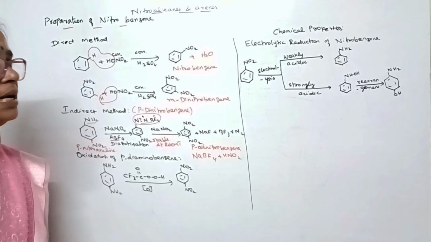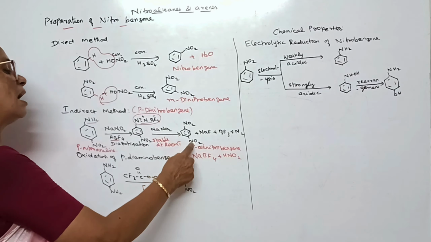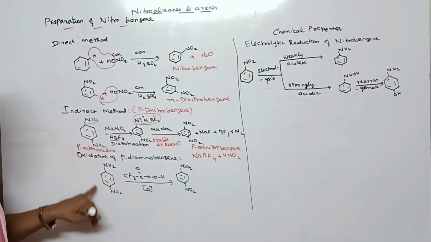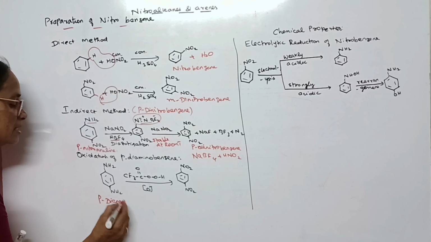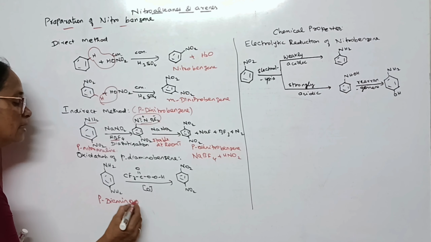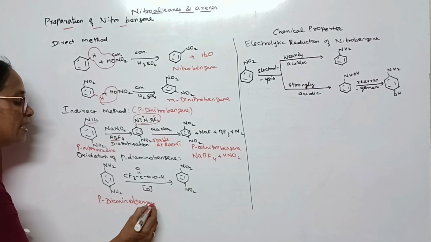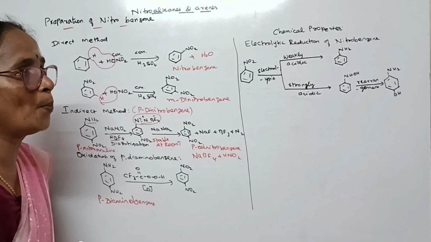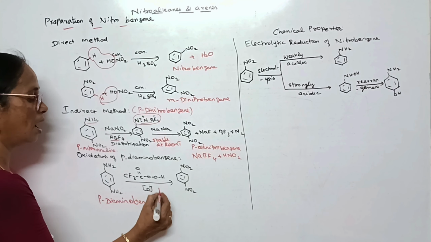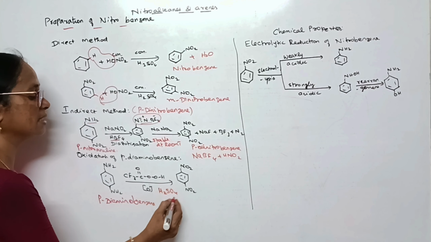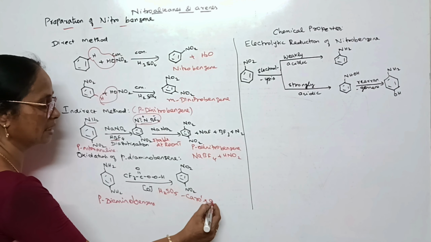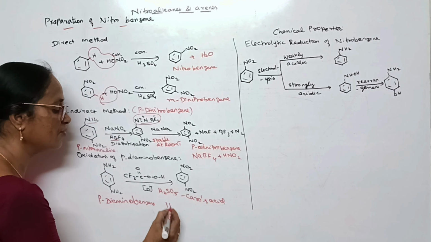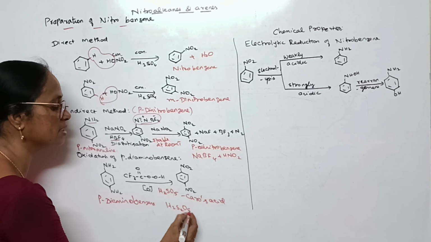Oxidation of para-diaminobenzene. The para-dinitrobenzene can even be prepared by taking para-diaminobenzene. This oxidation can be carried out either in the presence of trifluoroperoxyacetic acid, or Caro's acid, H2SO5, which is called Caro's acid, or peroxydisulfuric acid, that is H2S2O8.